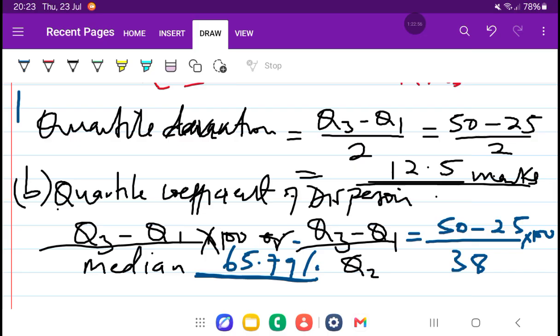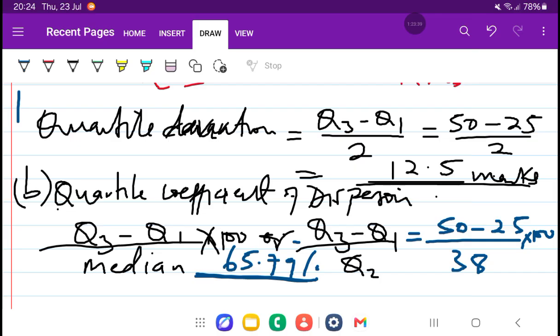You can say the easiest way to interpret the upper quartile is that you say 25% of the students scored above 50 marks, because our upper quartile was 50, meaning that we had 25% of the students scoring above 50. Or you can say maybe 75% of the students scored less than 50 marks. So either way you will be right.